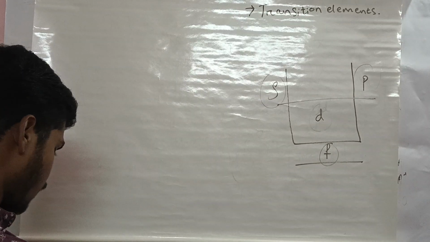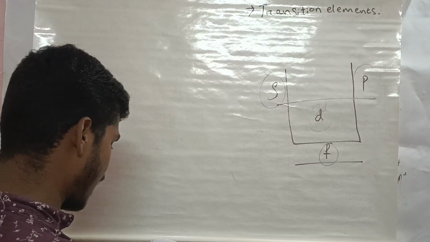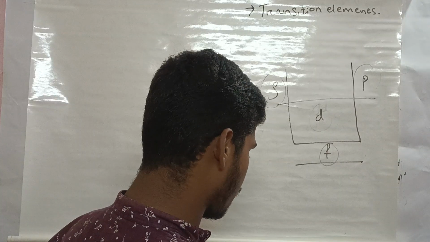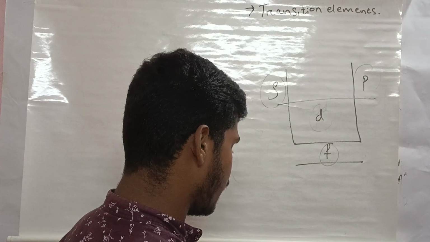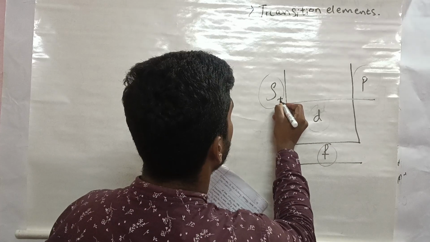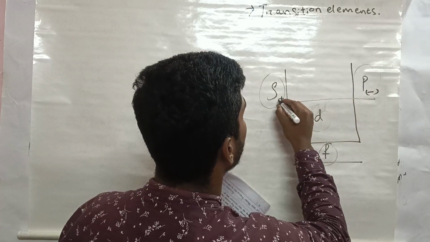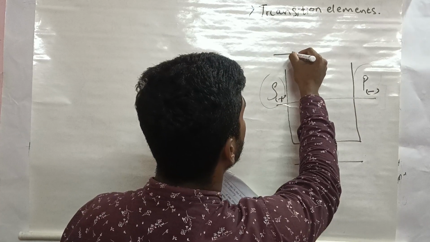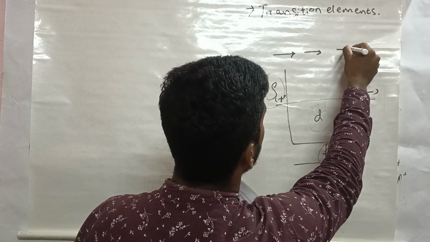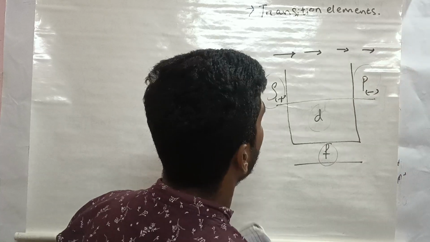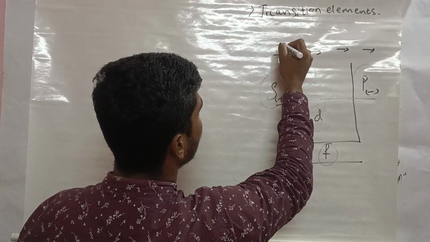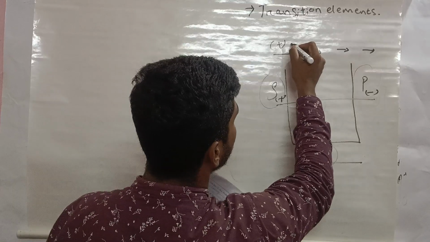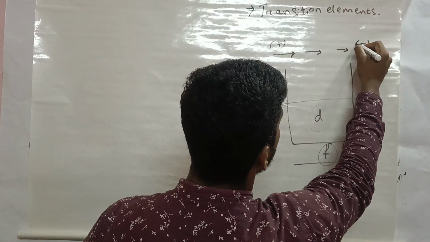So the D block elements' character changes from electropositive to electronegative. It means positive to negative. When we move from this part to this part, the electropositive character gradually converts into electronegative.